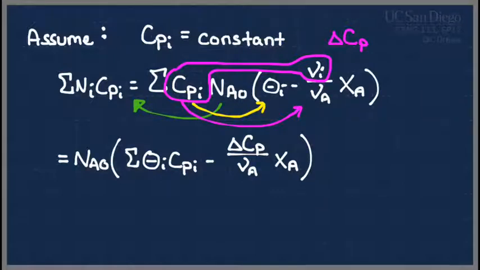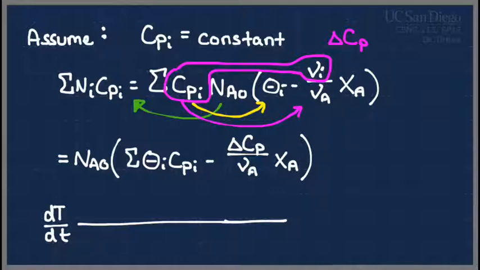So I think on the next slide, actually we might as well put it in there right now. The energy balance ends up being everything that we saw before. So dT, we haven't changed anything in the numerator.